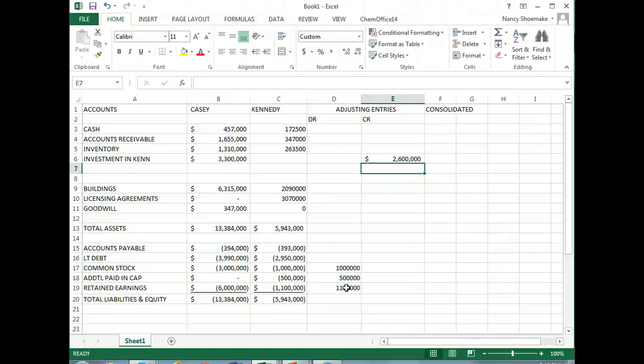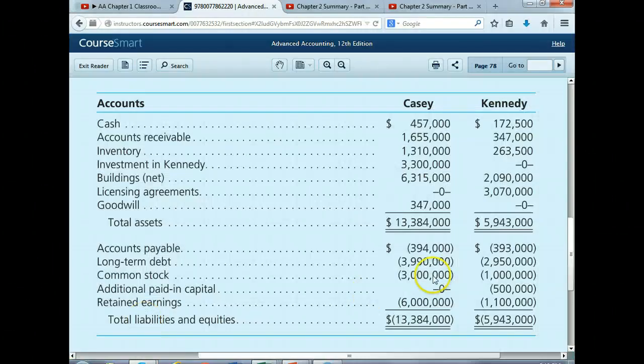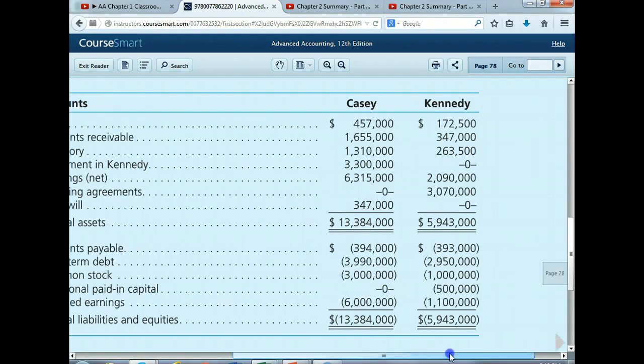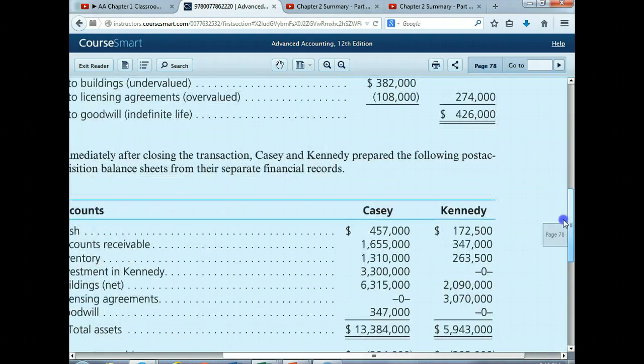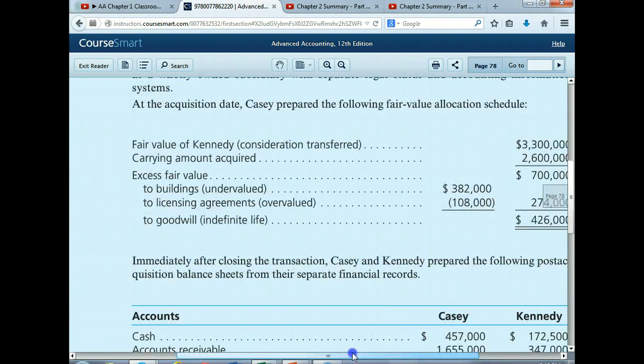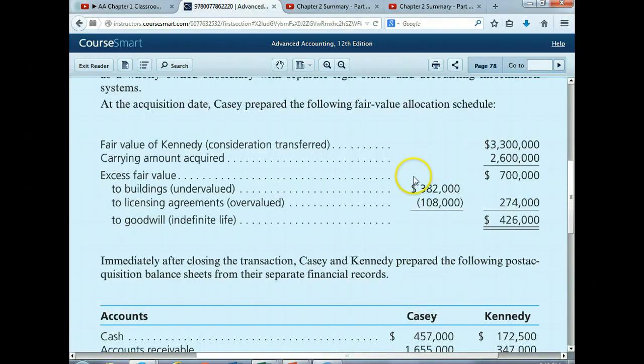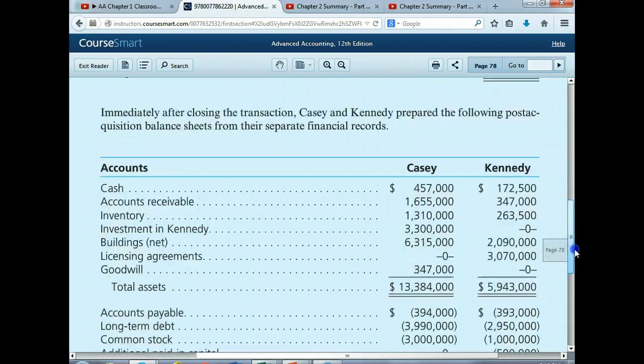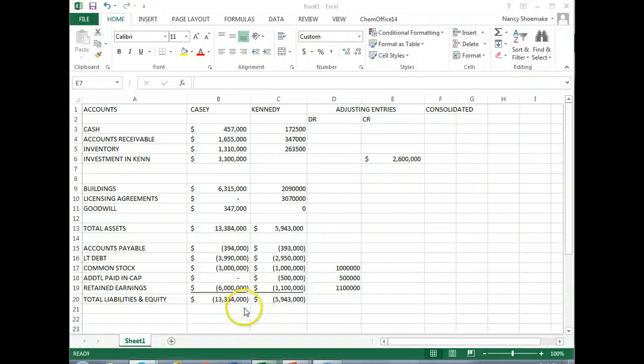Now the next thing we want to do is show the fair values that have changed. We see here that it gave us somewhere the fair values. Do you see how it told us the fair values to the building was undervalued $382 and to the licensing agreement was overvalued $108? We need to adjust those, don't we? So let's go back to our Excel.